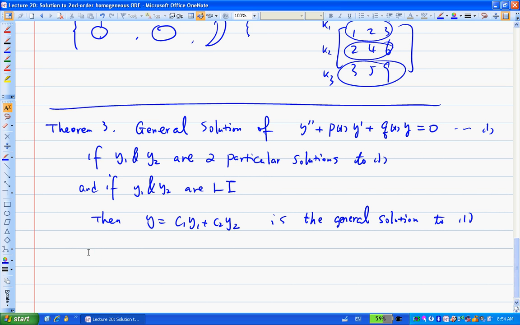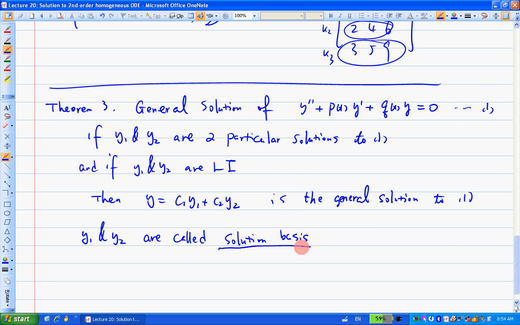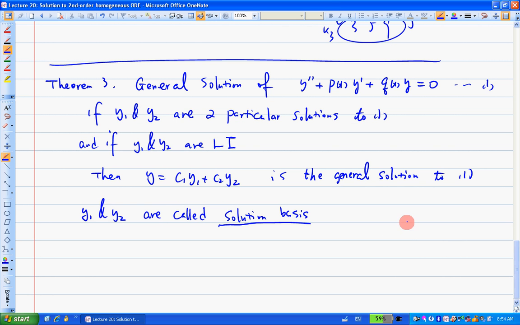This y1 and y2, there's a mathematical term here. Basically, they are two linearly independent solutions, and they are also called a solution basis. This basis concept is a fairly technical math concept, so just to touch upon it.